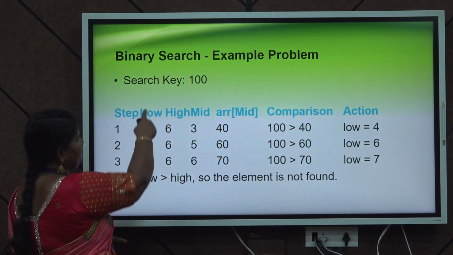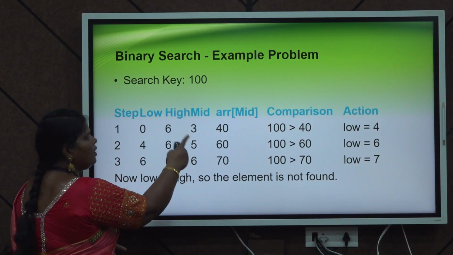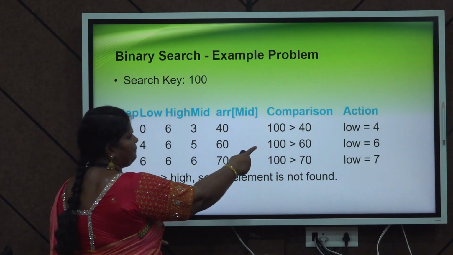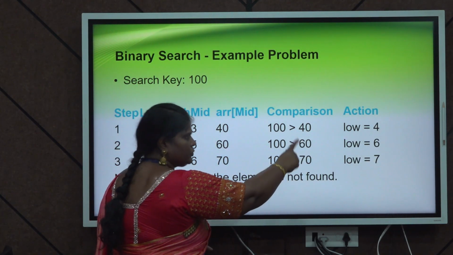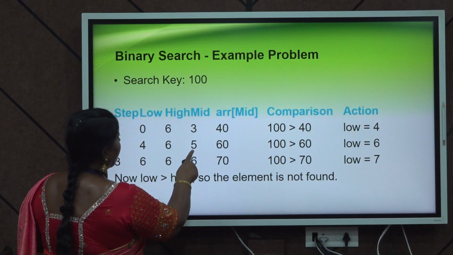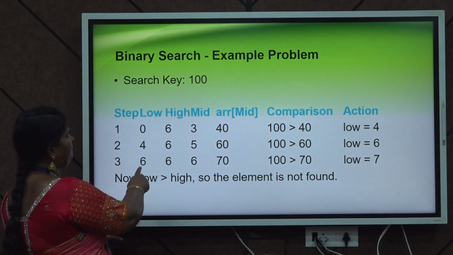Now in the next step, low equal to 4, high equal to 6, mid equal to (4 plus 6) by 2 means 5, and your array of mid value is 60, and we compare 100 is greater than 60. So again we set low equal to mid plus 1, which means low is 6.